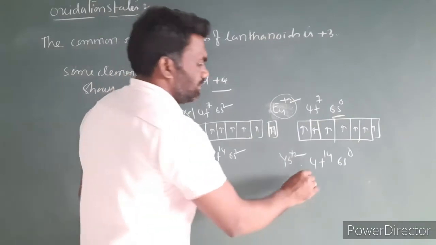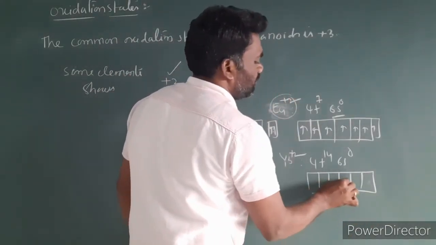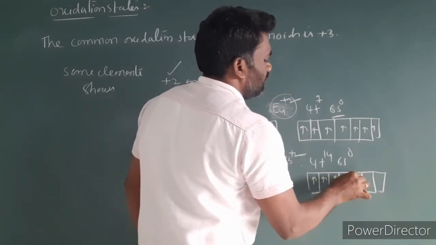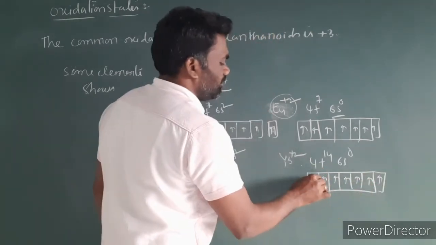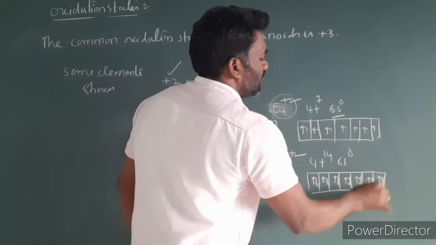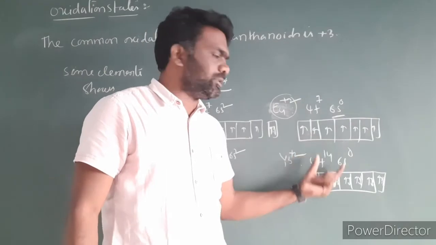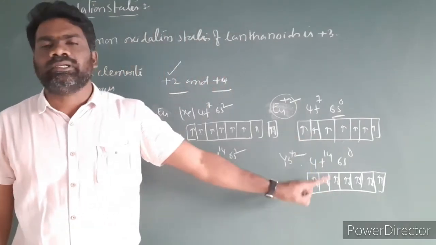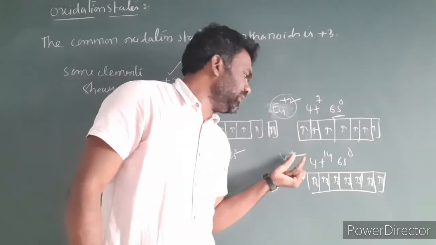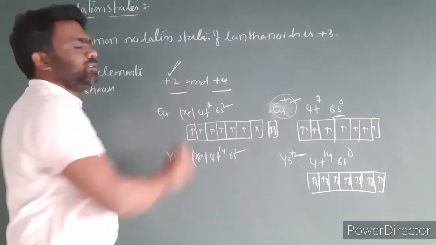Look, it has a completely full electron configuration, 1 to 7 and then 7 more, total 14. One is a half-full electron configuration and the other is a completely full electron configuration. Both are stable, so Eu2+ and Yb2+ show the +2 oxidation state.